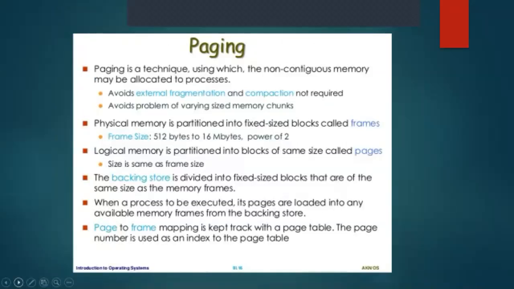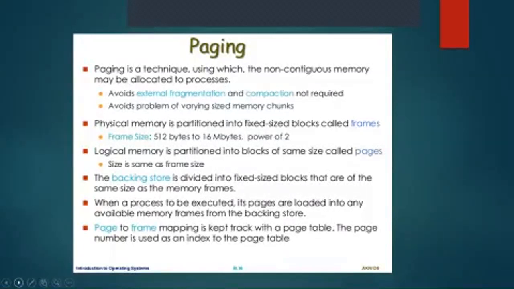When a process is to be executed, its pages are loaded into any available memory frames from the backing store. Page to frame mapping is kept track of with a page table. The page number is used as an index to the page table. This is the formal definition of paging.